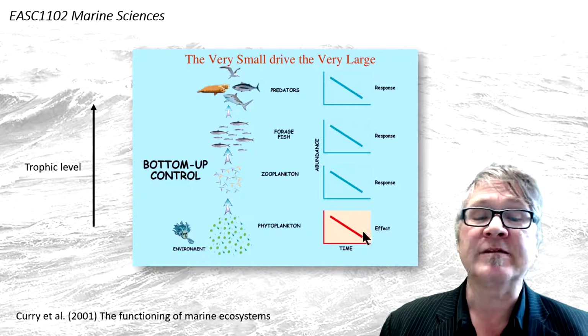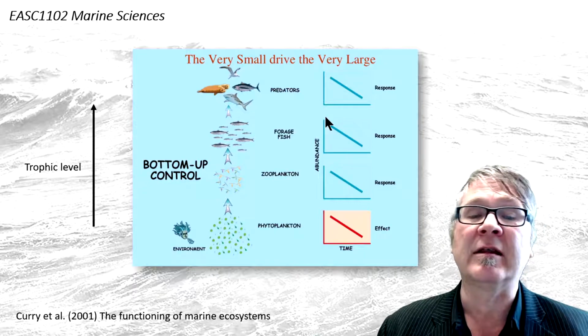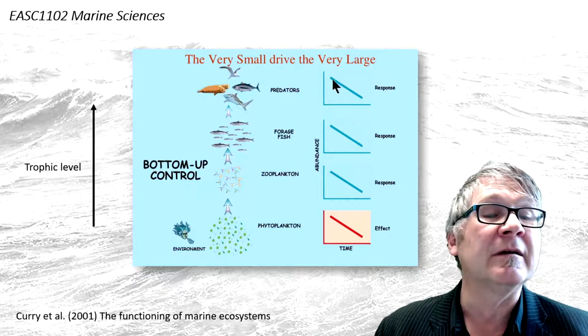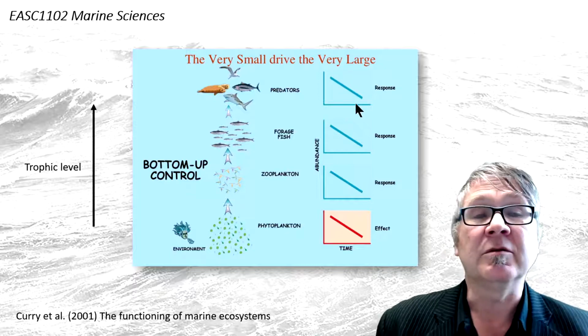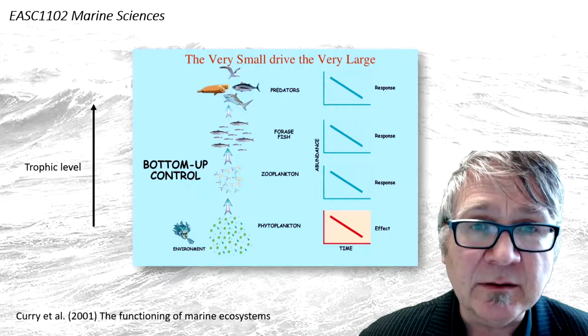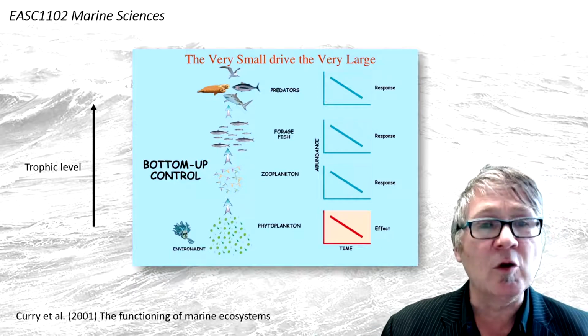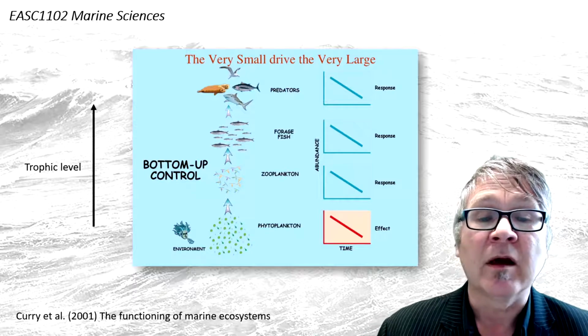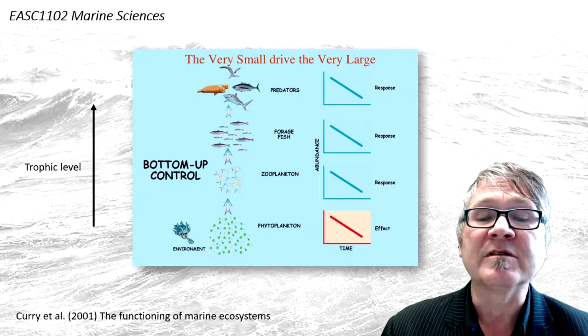You have less phytoplankton, you get less zooplankton, you get less forage fish, and you get less predators. So this mechanism is passed on from the lowest to the highest trophic level. There's a one-to-one response to that.